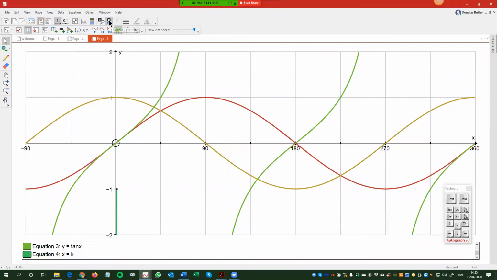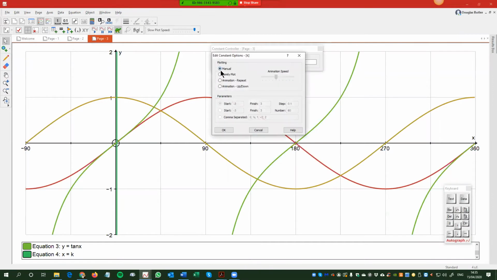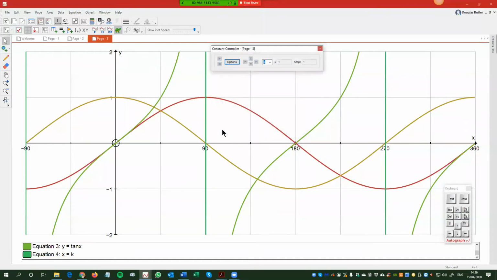But if we open up the constant controller, one of the things you can do with this in options, instead of having manual, you can have a family plot. Now you could have a family plot of certain values according to a formula, but actually here we want to do comma separated. We want 1 at minus 90, comma, 1 at 90, comma, 1 at 270. And those are our 3 asymptotes.